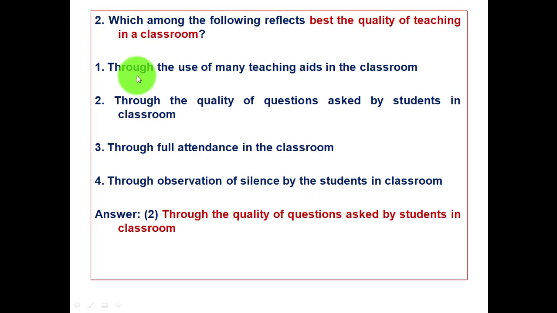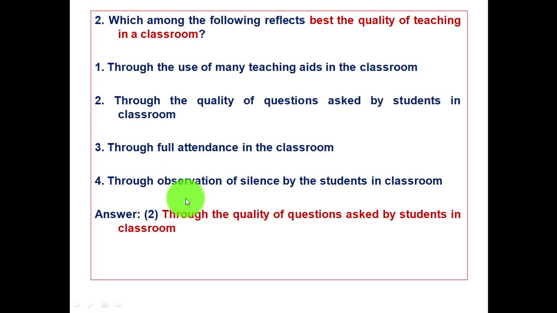When you see the first option, using many teaching aids doesn't mean that you are imparting quality education, so option 1 is cancelled. Option 3, full attendance: today 75% attendance is made mandatory, so students have to attend the class. It doesn't matter, actually, that it is the quality of teaching drawing their attendance. So option 3 is cancelled out.